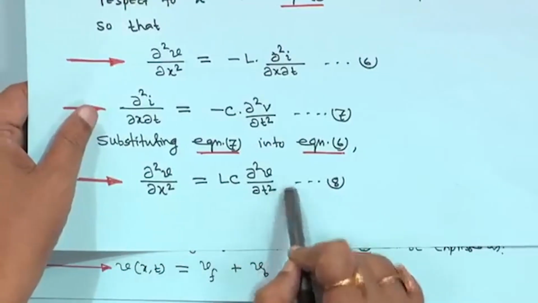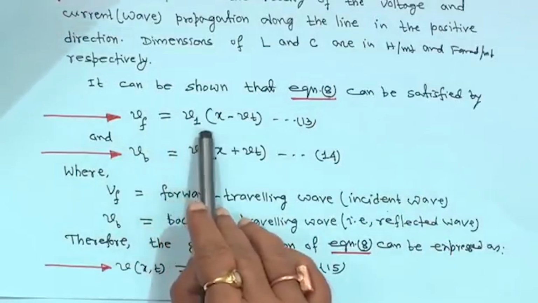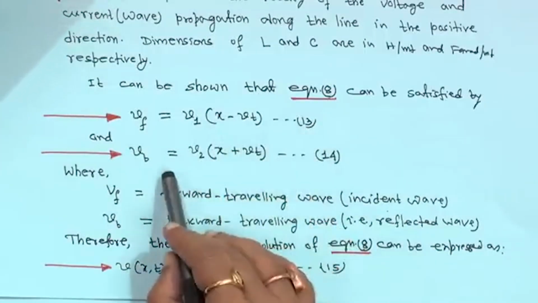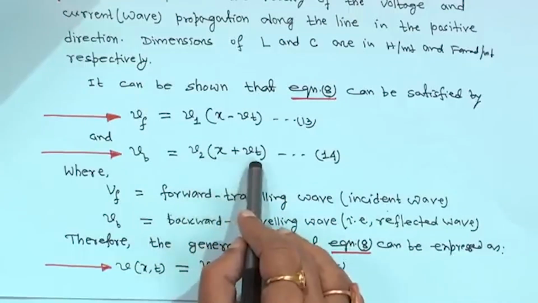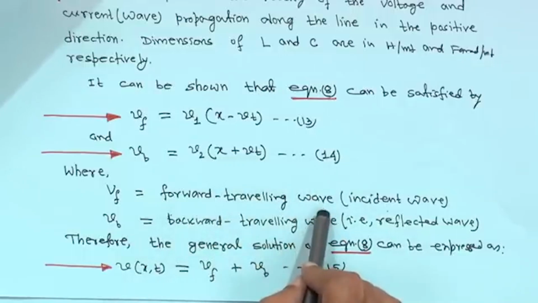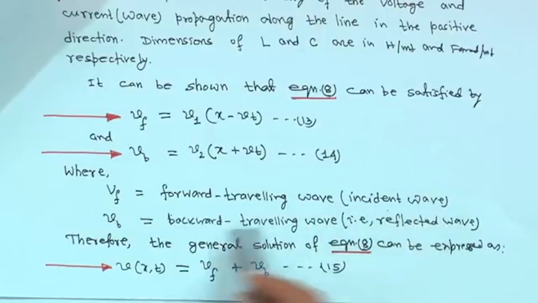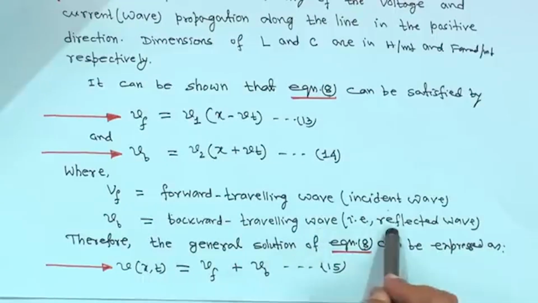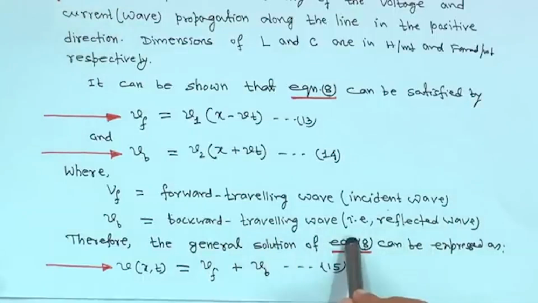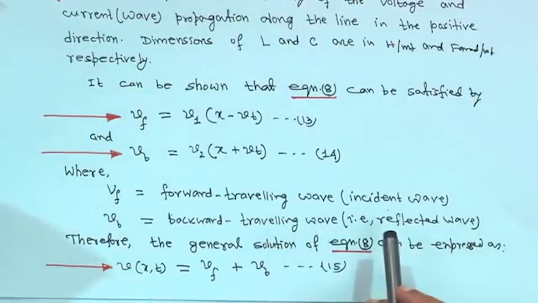Vf is the forward travelling wave, that is the incident wave, and Vb is the backward travelling wave, that is the reflected wave. After reflection it comes back, so it is called the backward travelling wave, right.